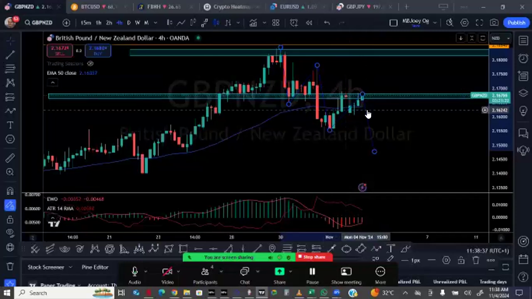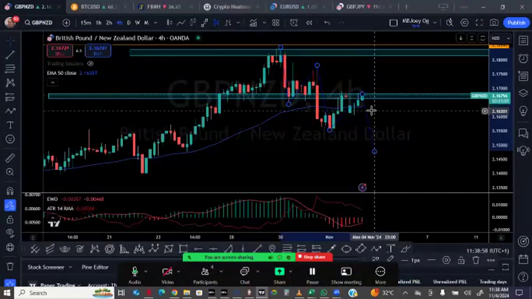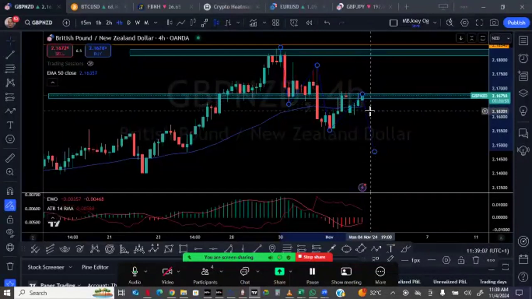The first one being a railroad pattern, the second one being a pin bar, the third one being an engulfing candle. All of them must close as a bearish candle. So if I'm doing a railroad, the first one can be green, but the next one that follows it must be a red candle. If I'm doing a pin bar, I would prefer to see a red candle.